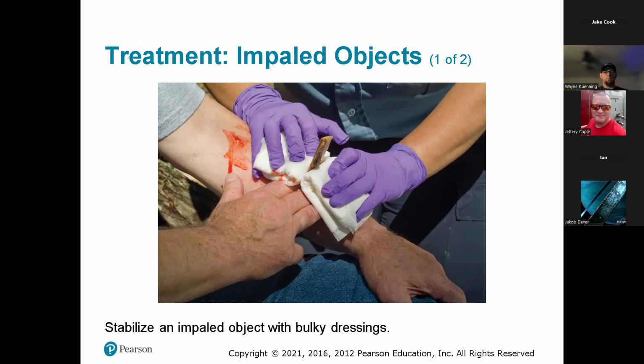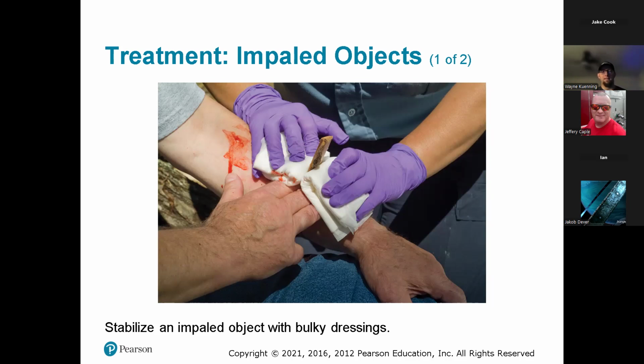So your treatment of that impaled object begins once they're no longer secured to the ground or the vehicle or the building or whatever they're impaled with is attached to. The idea behind stabilizing an impaled object is to minimize the damage once you assume patient care.